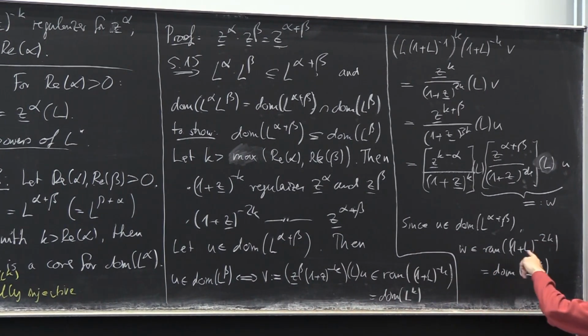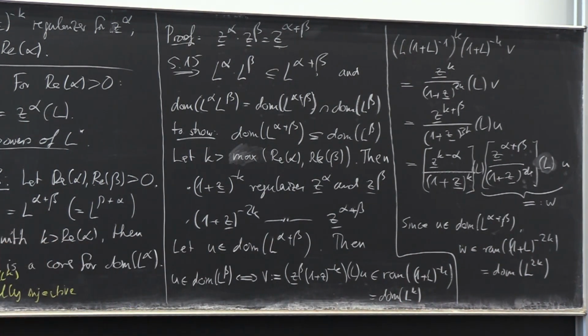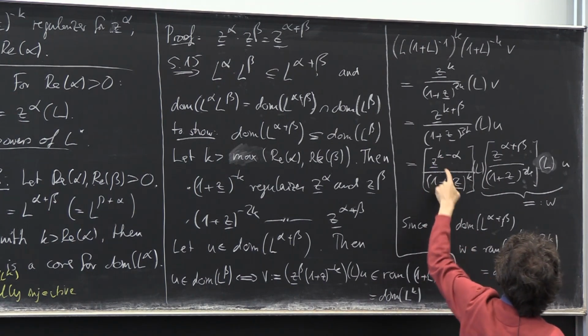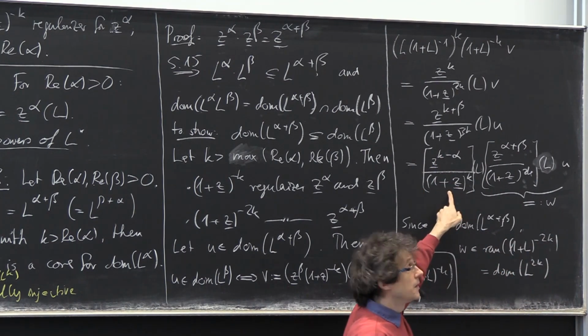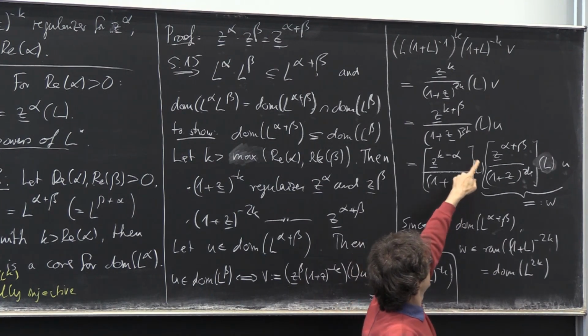If you are in the domain of L and you apply a functional calculus, so you apply some operator f of L, such that f of L is a bounded operator, and this is the case here, because this is an H0 infinity function, then the domain is invariant under this application.